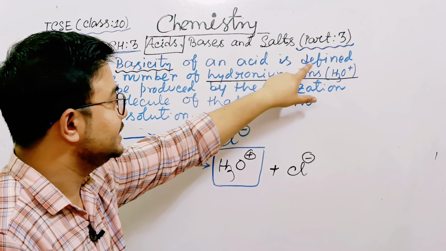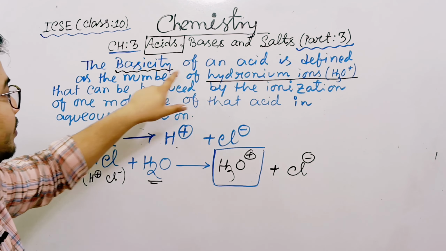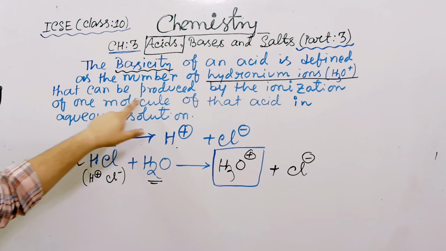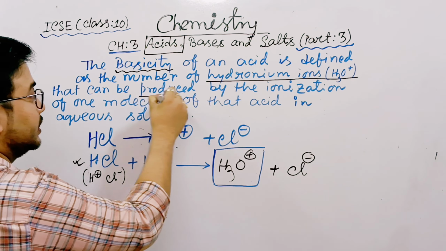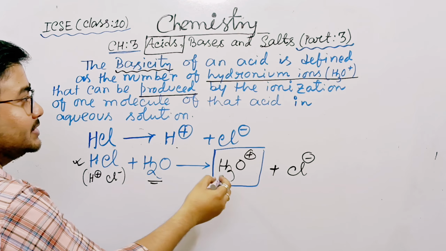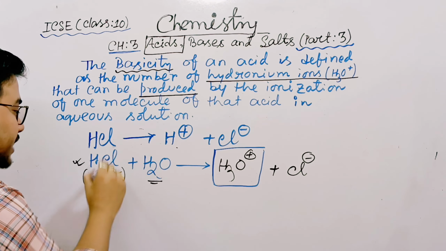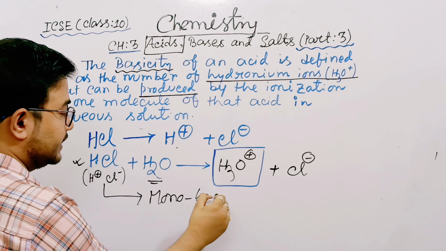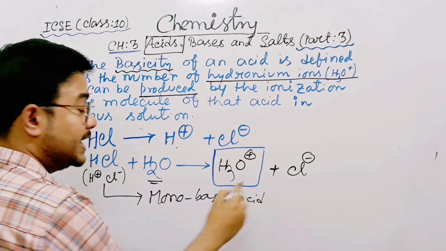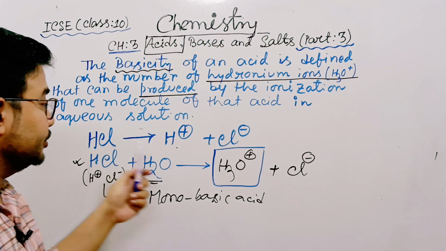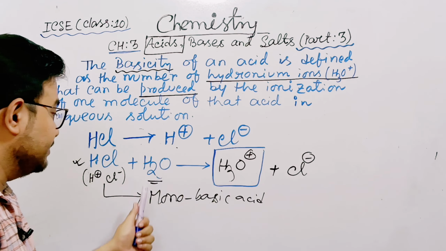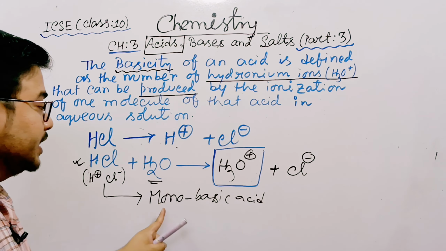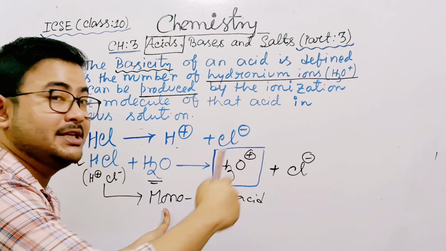Basicity of an acid is defined as the number of hydronium ions that can be produced. What is the number of hydronium ions? 1. So that is why HCl is a monobasic acid. Do you understand? If HCl produced 2 hydronium ions, then its basicity is 2, that is a dibasic acid.